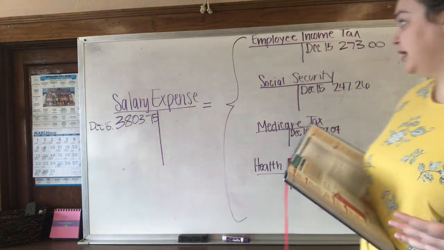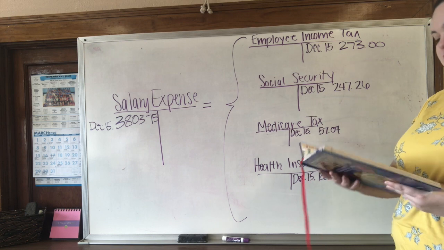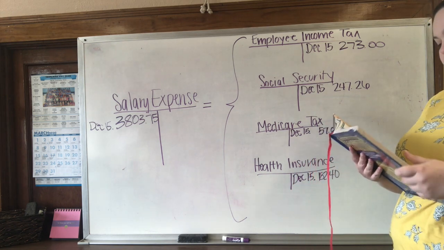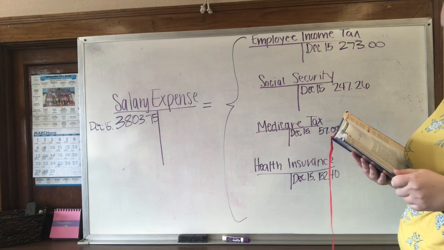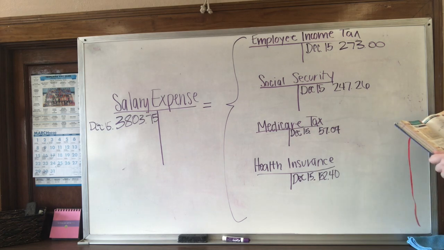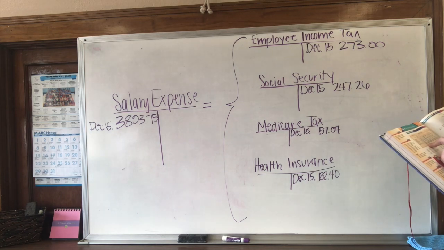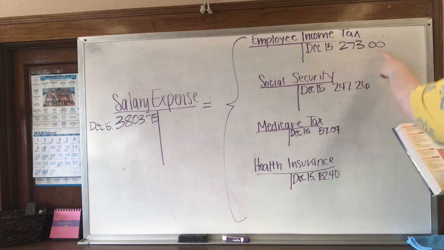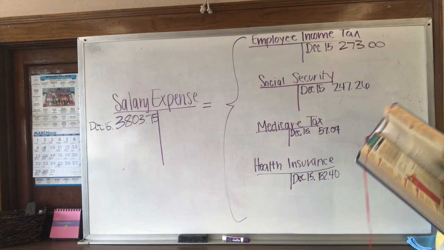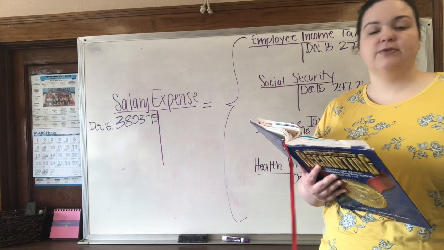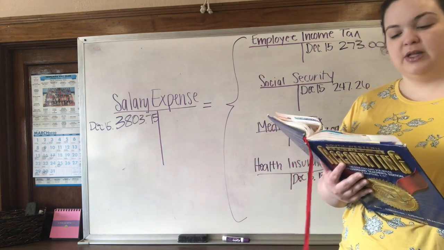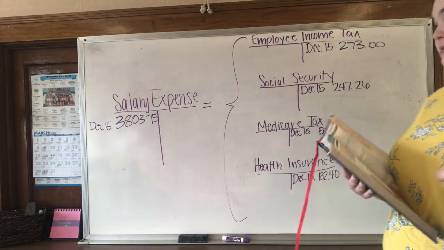So if you come over here, when you look at their payroll register after their earnings, their federal income tax is going to be $273. Make sure that you are putting the date on your T account so that we know which payroll you're talking about specifically.